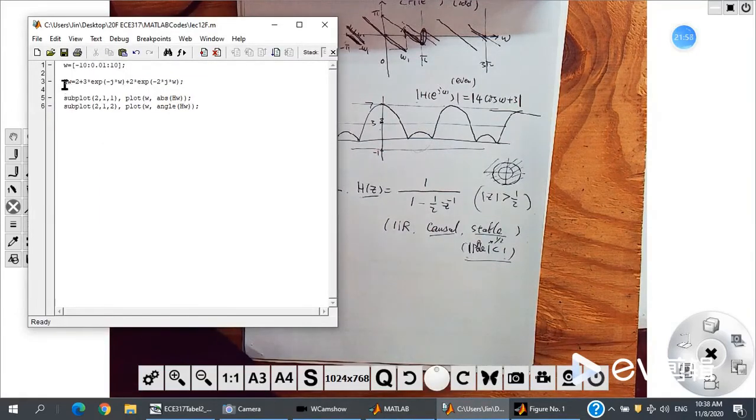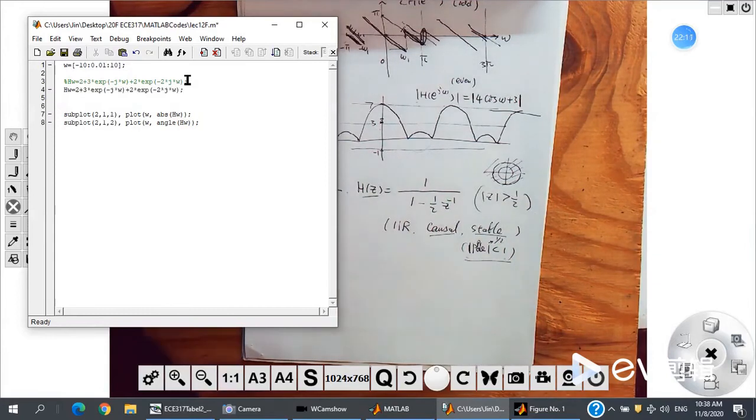This is 1. Okay, I change this. I change H(ω) now to 1 over 1 minus 1/2, which is 0.5, times e to the negative jω.